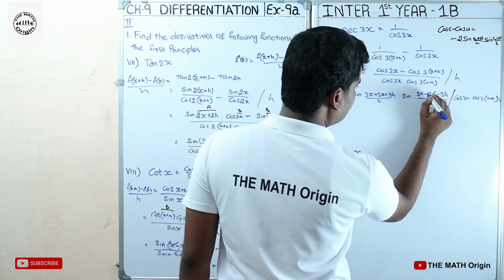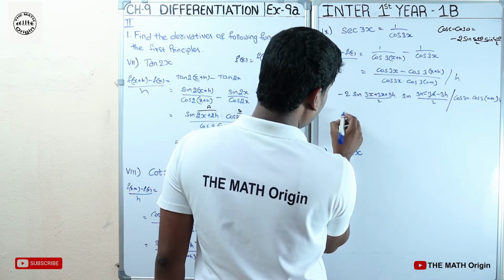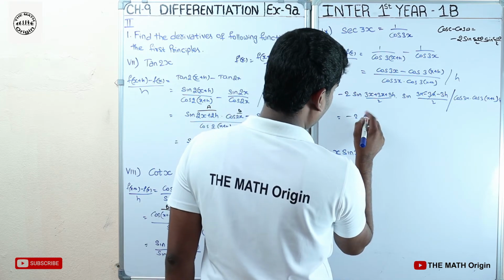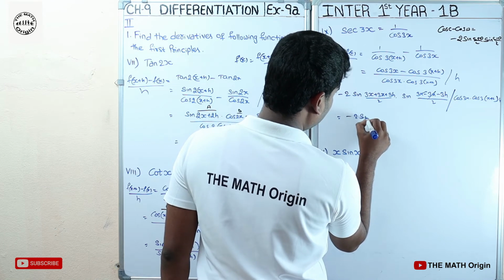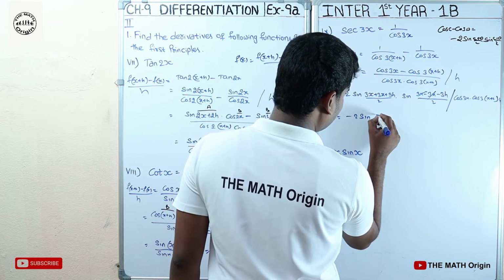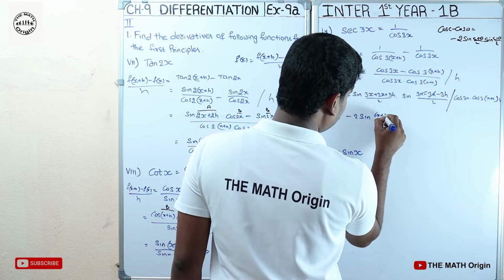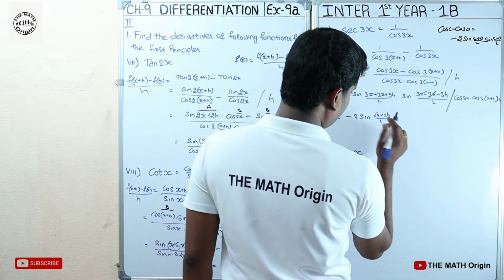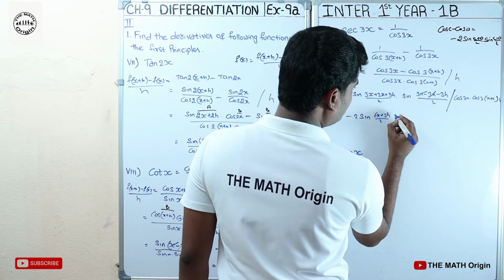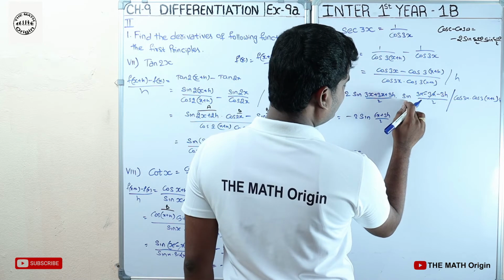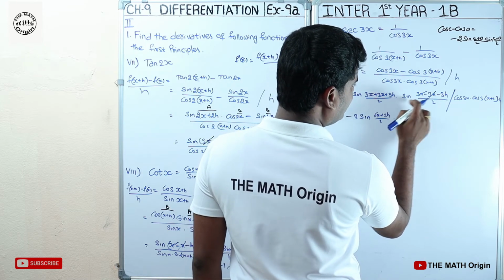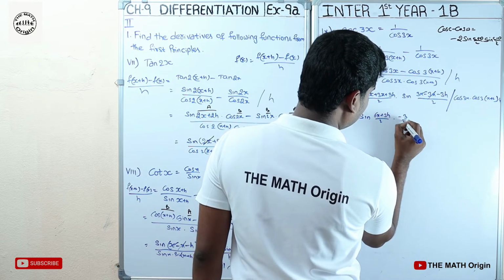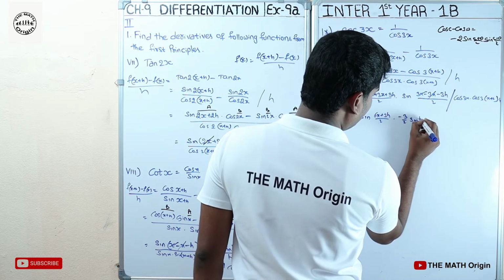Now if you see, minus 3x is cancelled. From this, minus 2 sin of (6x plus 3h)/2. Okay, sin (6x plus 3h)/2, into, here it is minus, sin of minus 3h by 2, it will be minus 3 by 2 into sin h.